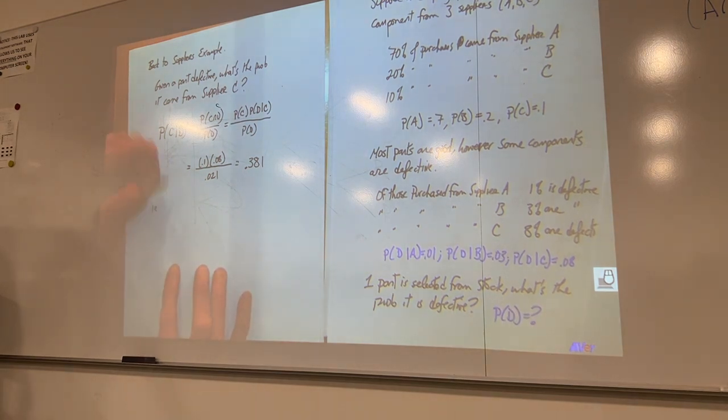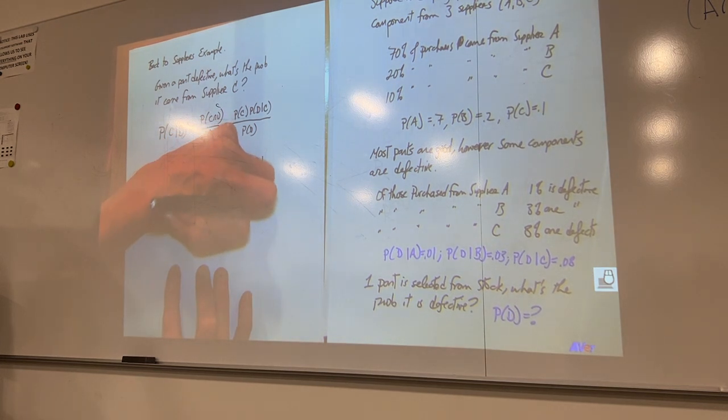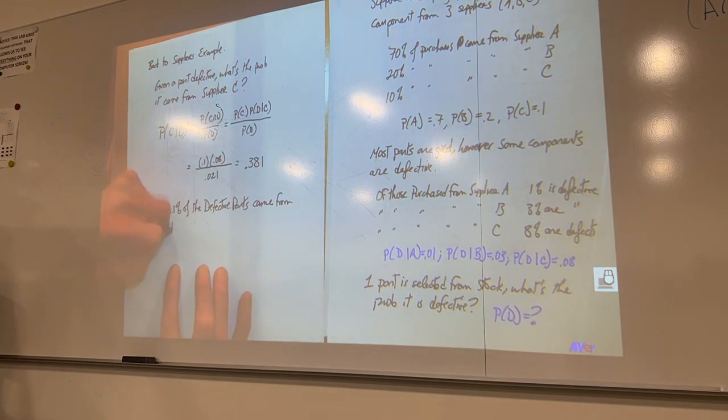That is, 38.1% of the defective parts we have came from supplier C. How does that look? Does that look okay for us, please?